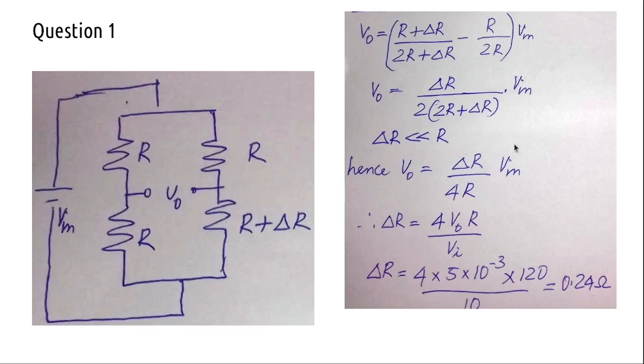So you can neglect it, and you can get a simpler expression like this, delta R by 4R. Rearranging and substituting these values, you'll get delta R as 0.24 ohms. Okay, this assumption is very valid. Delta R is very much less than R.